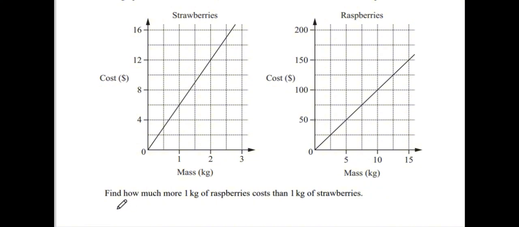They say, find how much more 1 kg of raspberries cost than 1 kg of strawberries. From what we have here, you can see that 1 kg costs this, 6, of course, 2, 4, 6, 8. So for this one, 1 kg will give you $6.